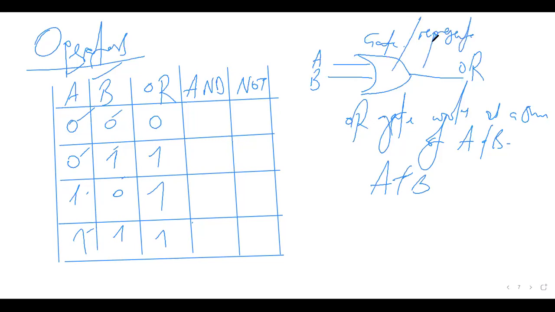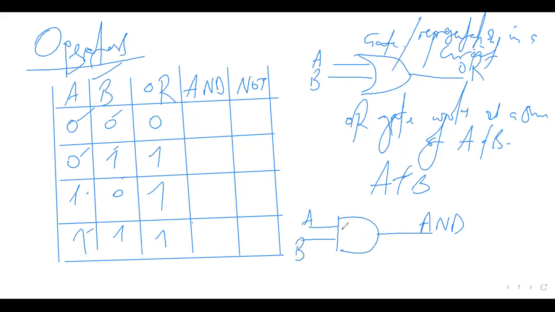Representation in a circuit. We have the AND gate, 2 inputs, output, A and B. This one works as a product. So if you have 2 inputs, A and B, the product is the output.